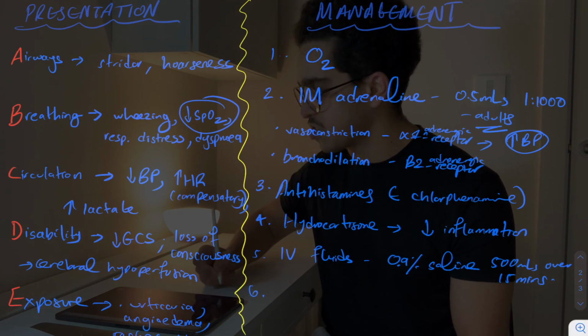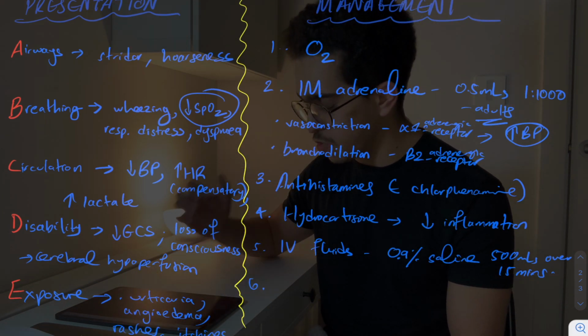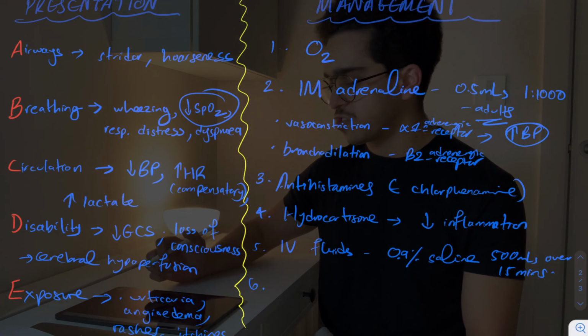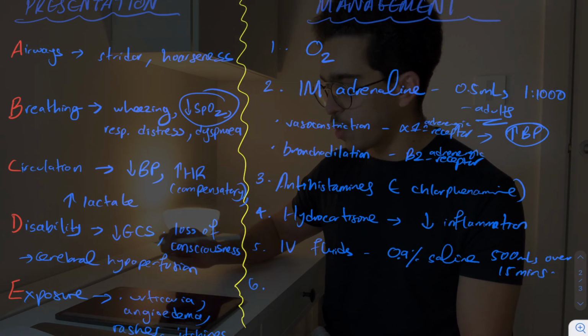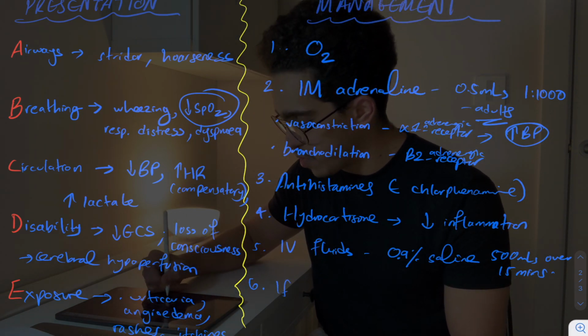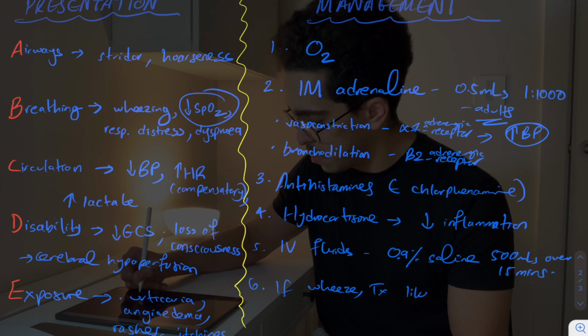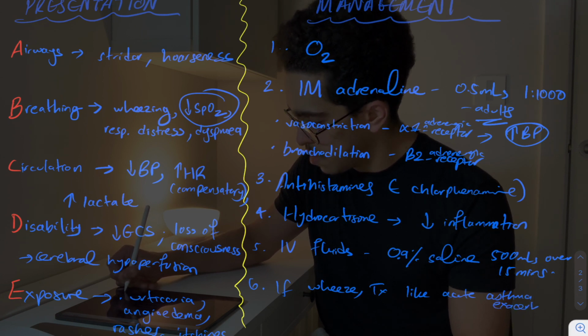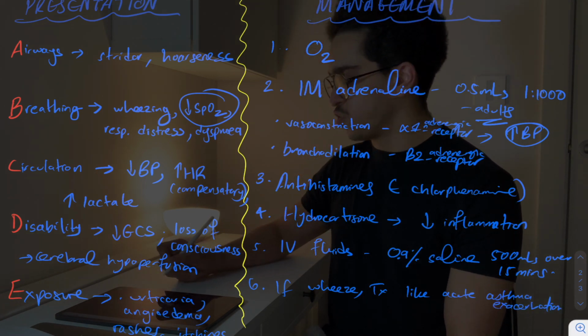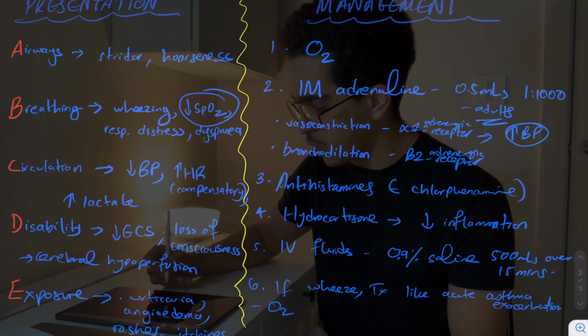Some patients will also have a wheeze, and if the patient has a wheeze, then we treat these patients just like we treat patients who have an acute asthma exacerbation. So what do we give patients who have an acute asthma exacerbation? We can give them oxygen. What else?